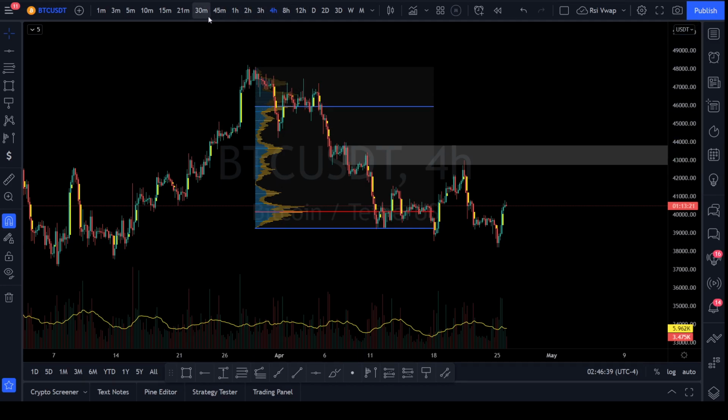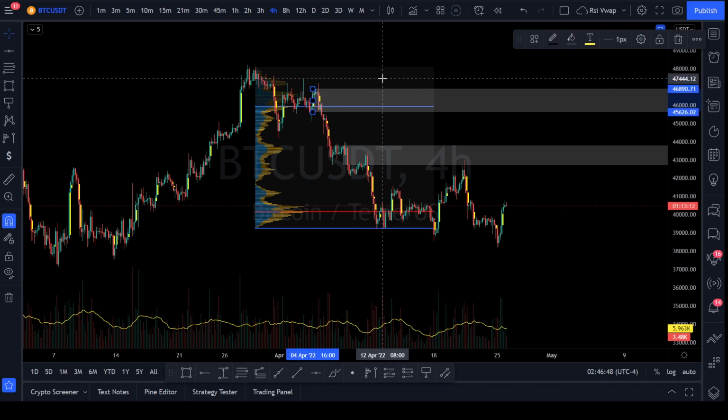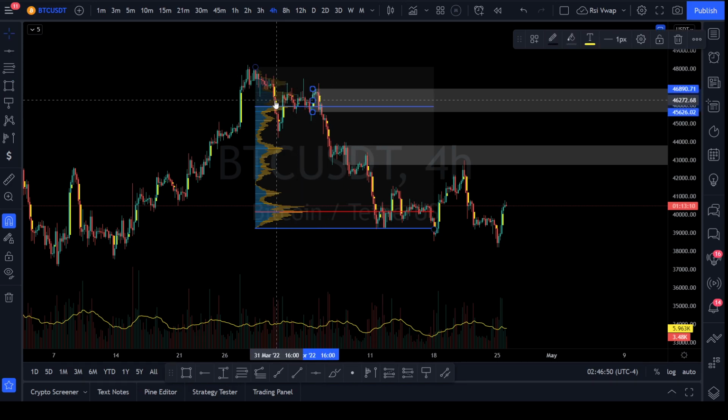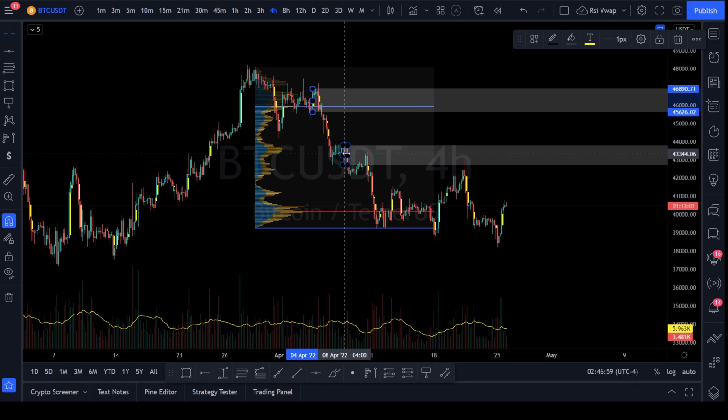I'm going to start at the 4 hour and then we'll move down into some lower time frames. Right now I'm just mapping out, using the volume profile, some high volume nodes and finding where their confluence is within some order blocks.